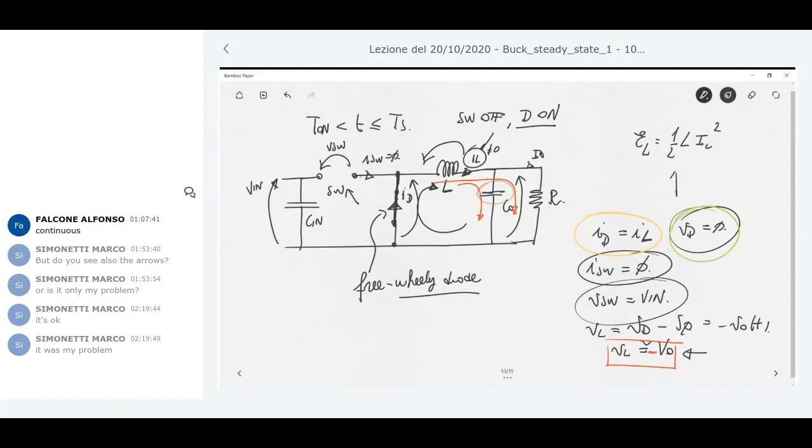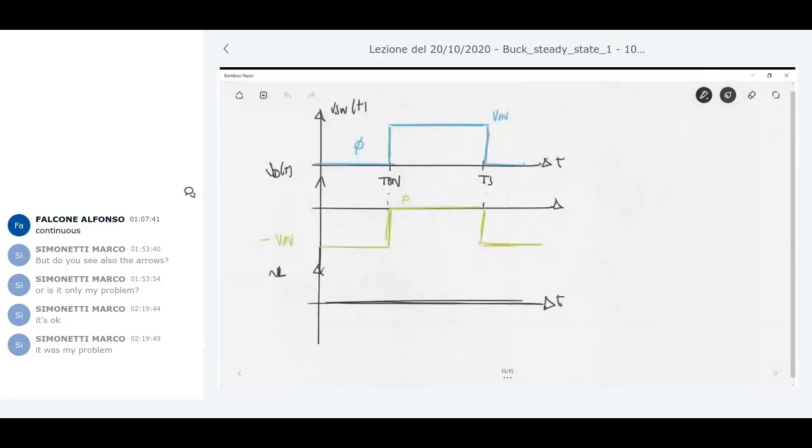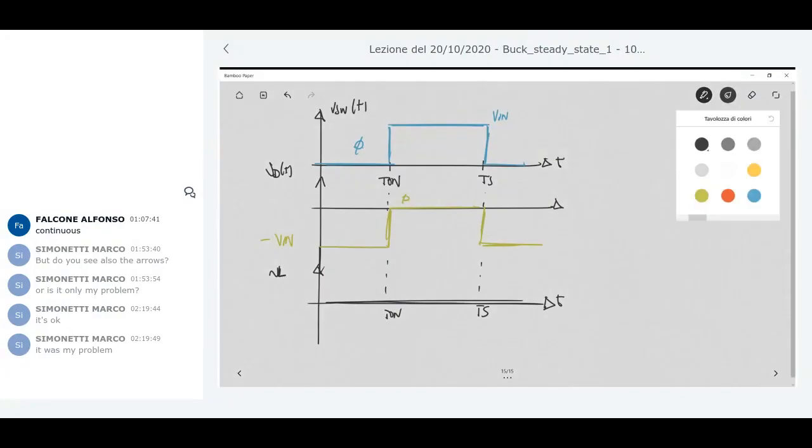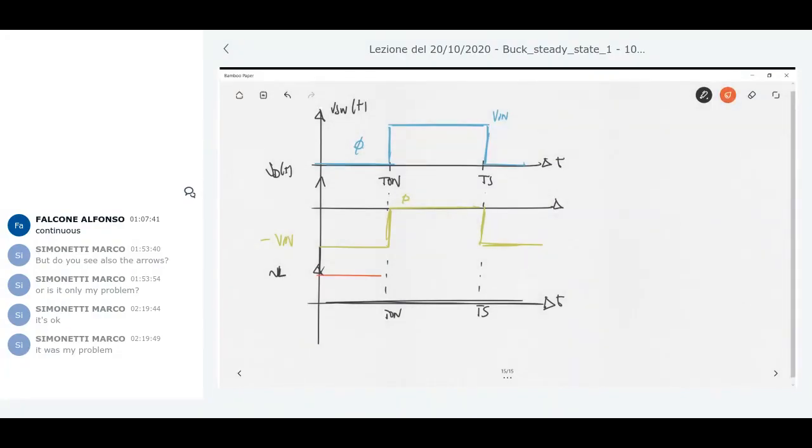Okay, let me plot this voltage. Here are Ts and T-on. So I have V in minus V naught, and then negative V naught, something like this. Okay, this is the voltage VL. By using this voltage level, I derived the slope of the inductor current, etc.